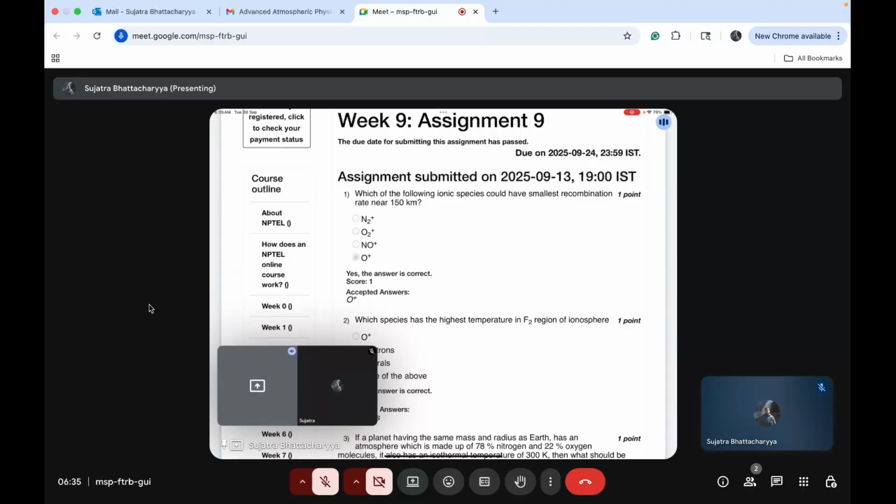which of the following ionic species could have the smallest recombination rate near 150 kilometers?